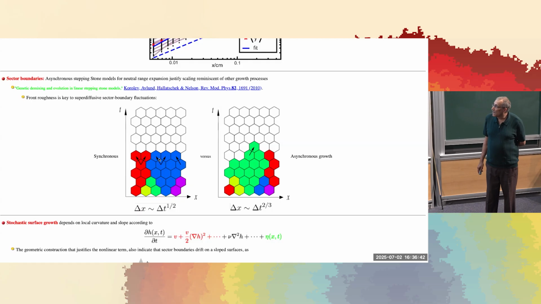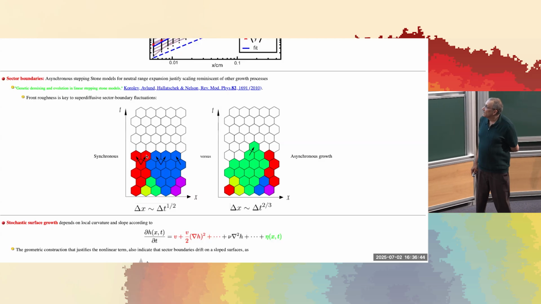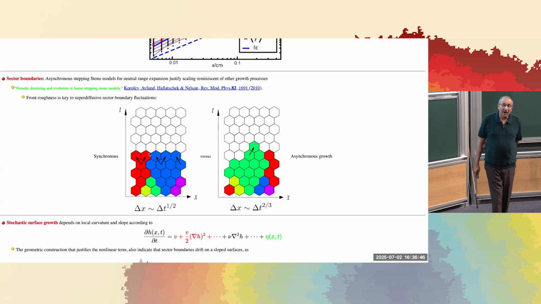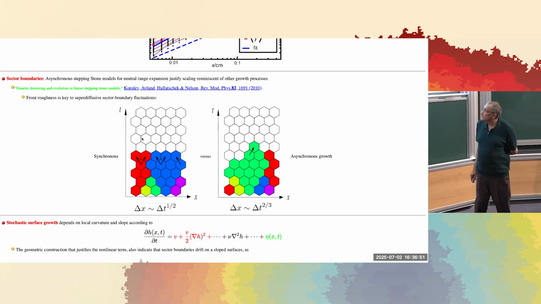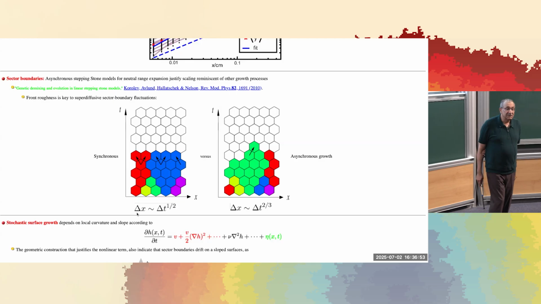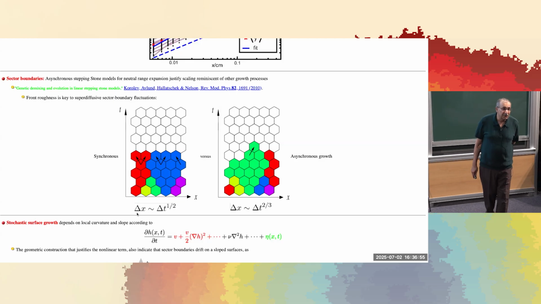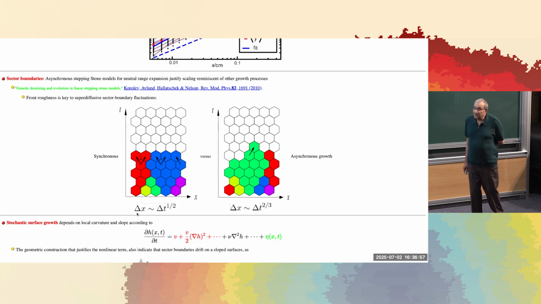And because of that random placement of the child from red or blue, the boundary, the sector boundary between red and blue, will fluctuate diffusively, and you would expect this t to the 1/2 behavior, which is not what they saw.